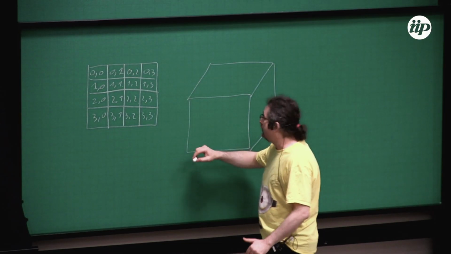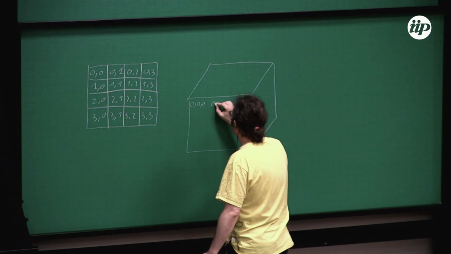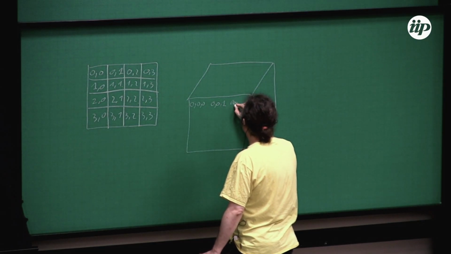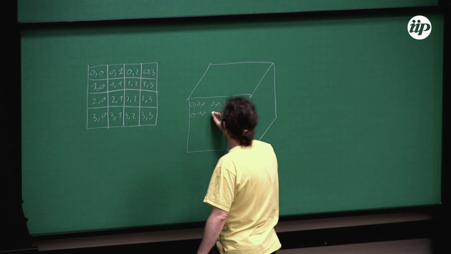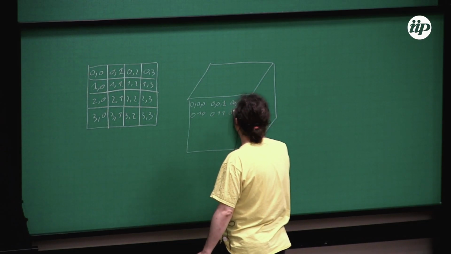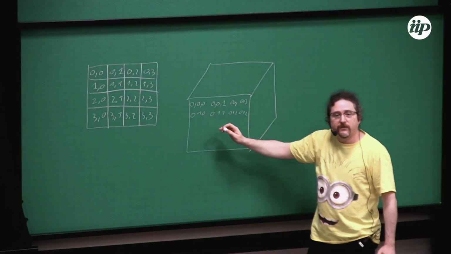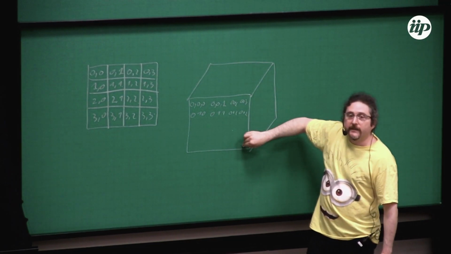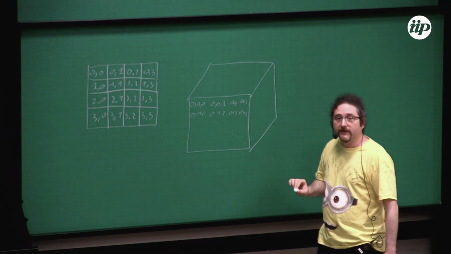Let's say this is again 0,0,0, 0,0,1, 0,0,2, 0,0,3. 0,1,0, 0,1,1, 0,1,2, 0,1,3, etc. On this face over here, only the last two elements will be repeated, and you are on this diagonal.